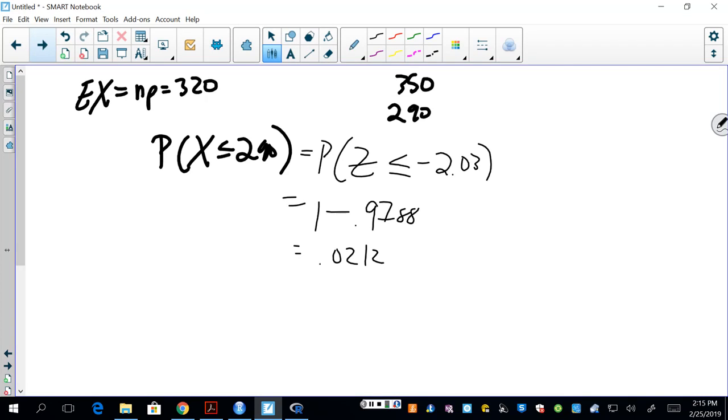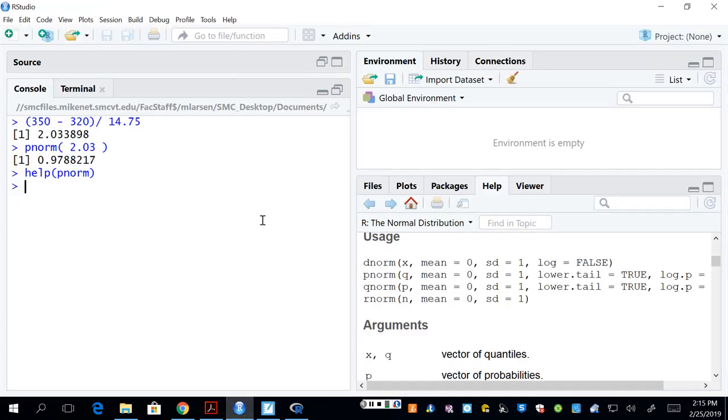So it works for negative numbers as well, above or below the average. So in this normal command, if you had negative 2.03, it'll give you 1 minus that probability. So 1 minus that one gives you that other tail area.